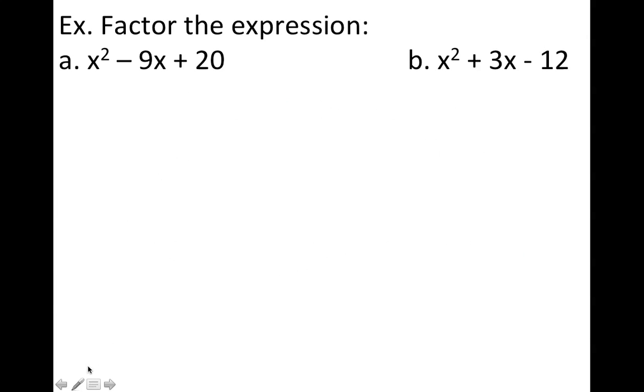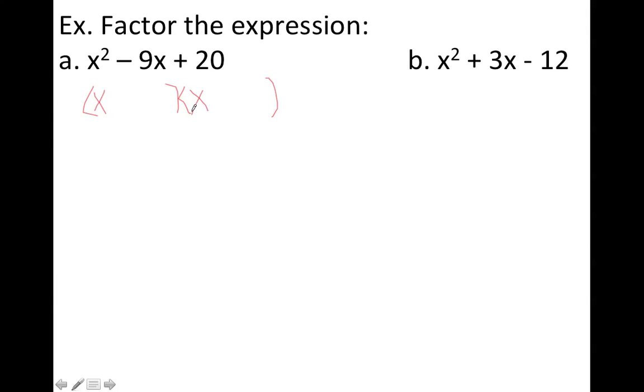So when we're factoring these expressions, since the number out front of our x squared term is 1, we can already put this into two parentheses. And the first step is to split up your first term, which is x squared. Since we have two parentheses, that means each parenthesis will have an x in the first term.